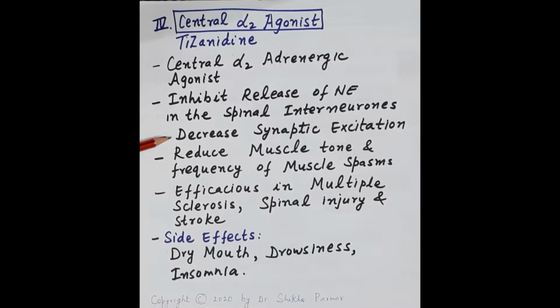This results in decreased synaptic excitation of lower motor neuron, and that reduces the muscle tone, reduces the frequency of muscle spasm, that causes the muscle relaxation. And this drug is efficacious in reducing the spasm and the associated pain in multiple sclerosis, spinal injury, and stroke. Side effects of tizanidine are dry mouth, drowsiness, and insomnia.